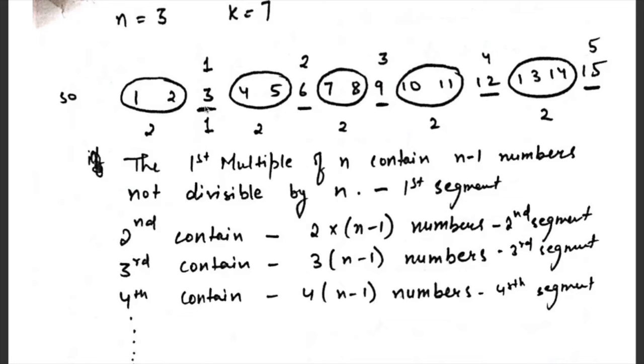So you observe that the number of times the multiples of 3 have come is the number of positions our number has shifted. If only one multiple has come, then the next terms have been shifted by one position. If two multiples have come, that is 3 and 6, then the terms have been shifted two positions. If three multiples have come, then the numbers have shifted three positions.